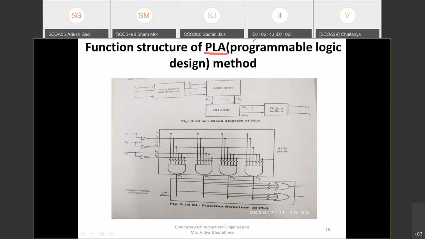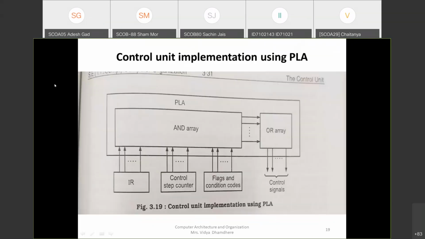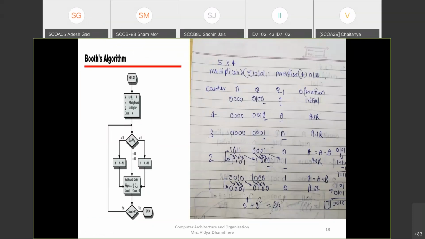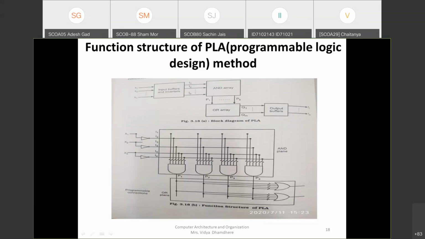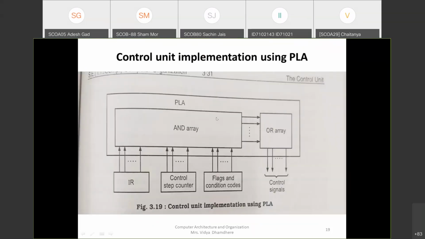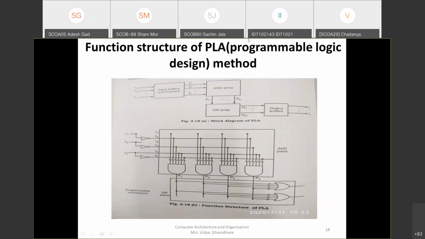Now in this lecture, any doubt? This is related to the hardware control unit. Again, this will be a PLA, how it will be implemented, the same block diagram is there. Any doubt in this hardware control unit? Any questions on this?